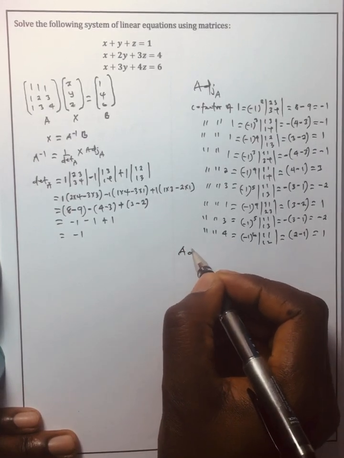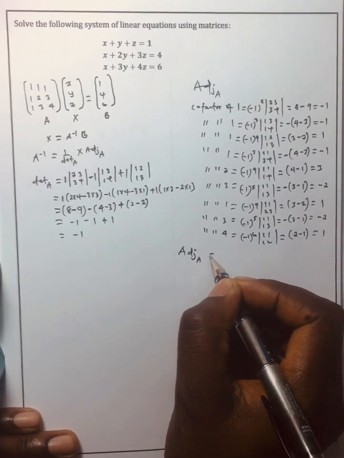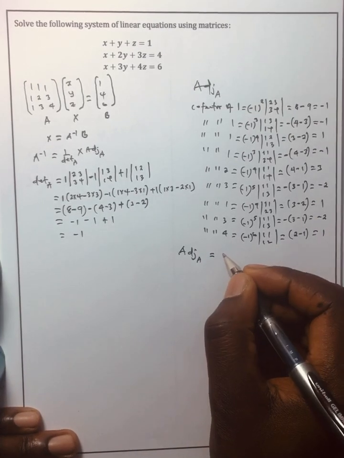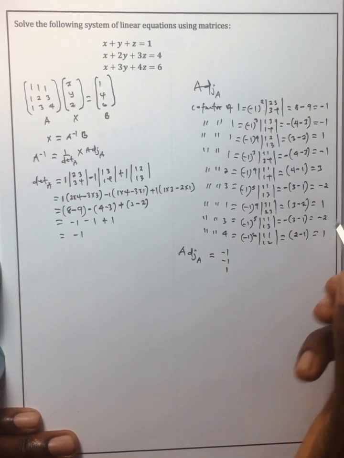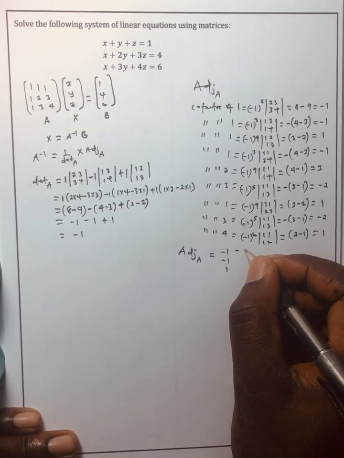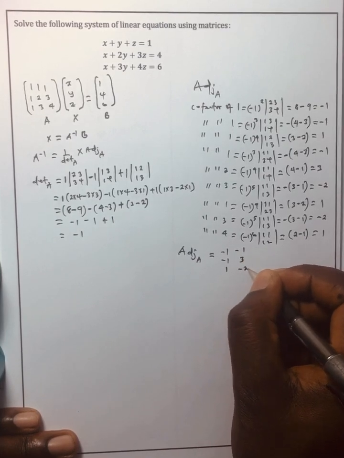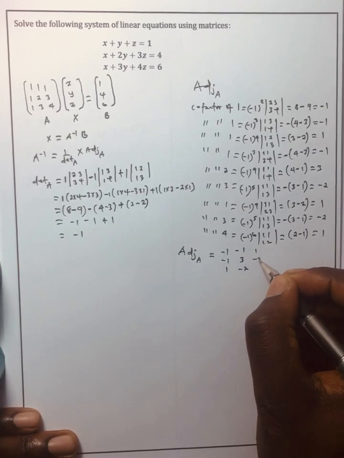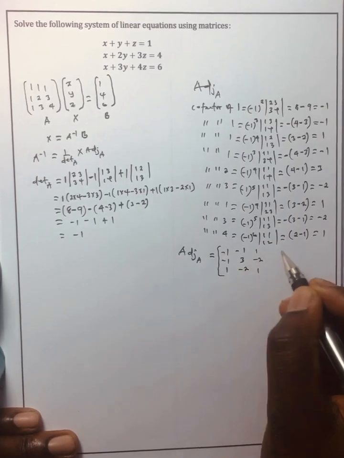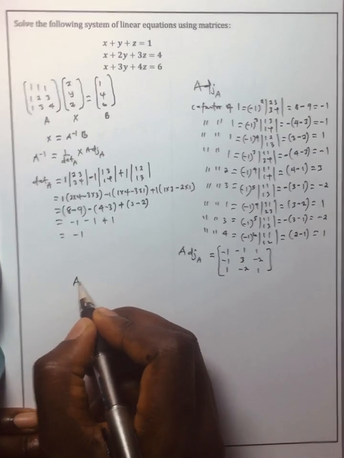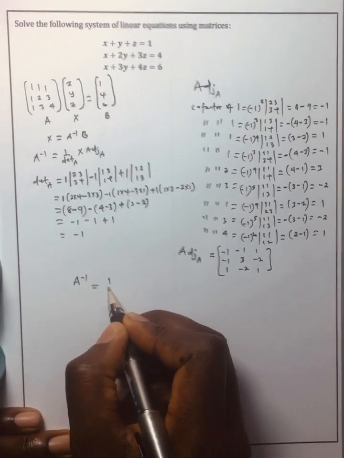So the adjoint of A therefore is negative 1, negative 1, 1, negative 1, negative 1, 1, negative 1, 3, negative 2, negative 1, 3, negative 2, then 1, negative 2, 1, 1, negative 2, 1. That is the adjoint. So for us to get the inverse of A, just take 1 over the determinant.